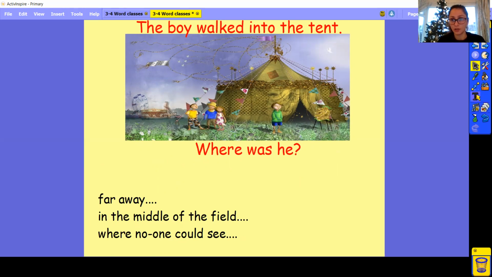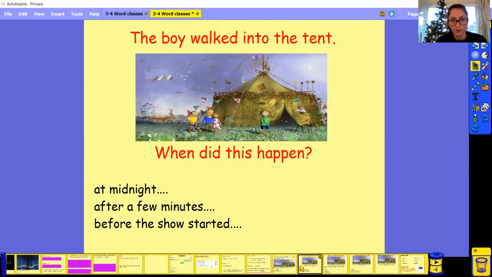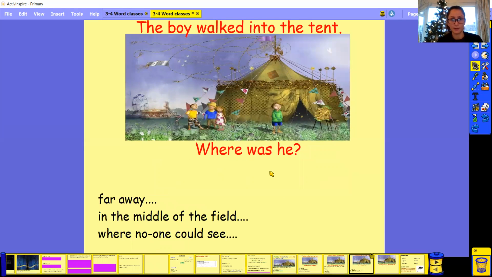So I want at least 1, 2, 3, 4 sentences, okay? Thinking about how you're going to up-level it, how you're going to change it, how you're going to make it better. Make sure you're using interesting adjectives. Make sure you're using interesting verbs. Making sure you're using these adverbs as well.